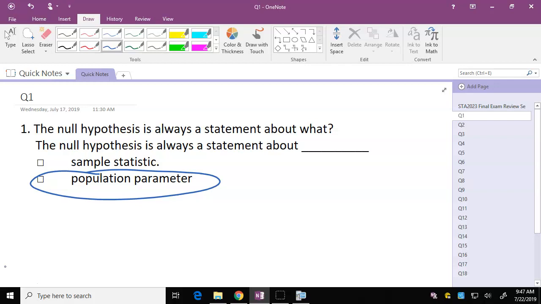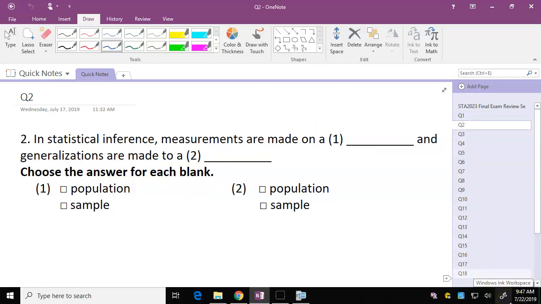The next question is coming from 7.1. So in statistical inferences, measurements are made about a blank and generalizations are made about a blank. So it's either population or sample. So what are the measurements made about? Measurements are made about the sample.